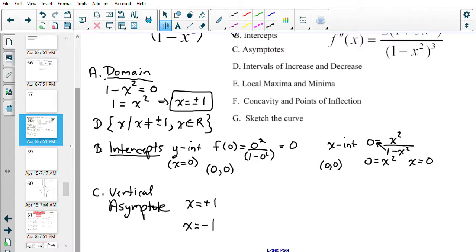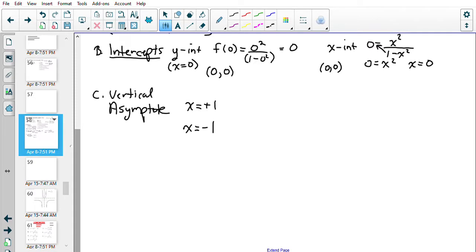If we were just very quickly sketching, at positive 1 and at negative 1, you have asymptotes. What you need to do is test just to the left and just to the right of each of those asymptotes to find out if it's trending off to positive infinity or negative infinity.